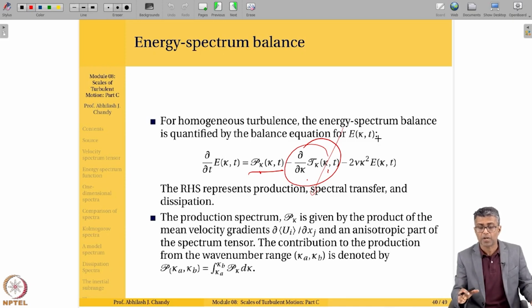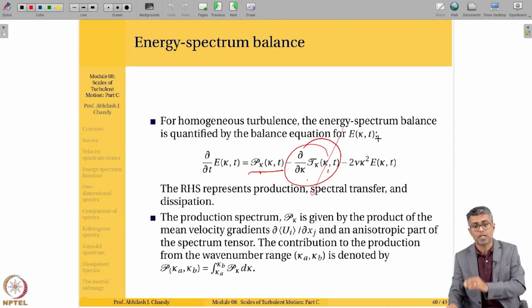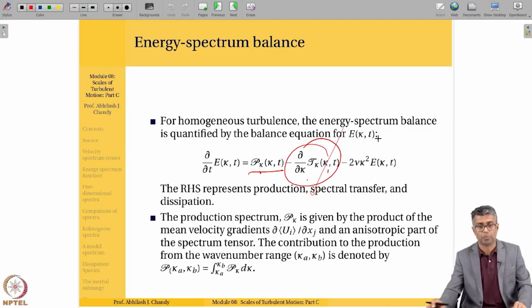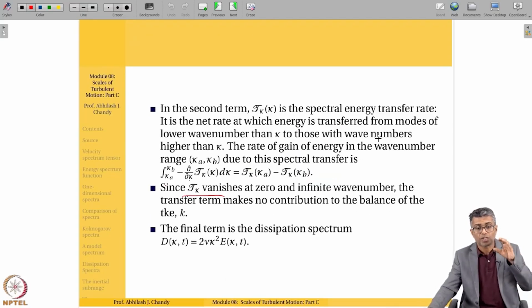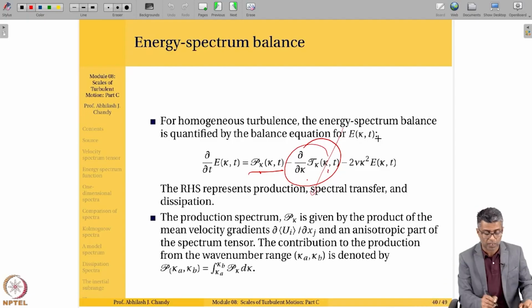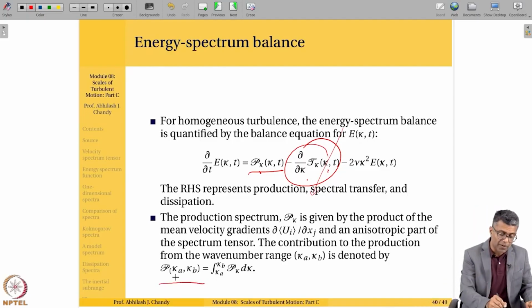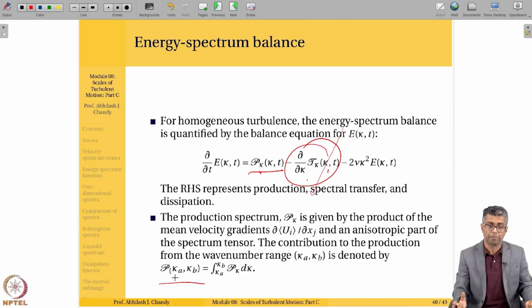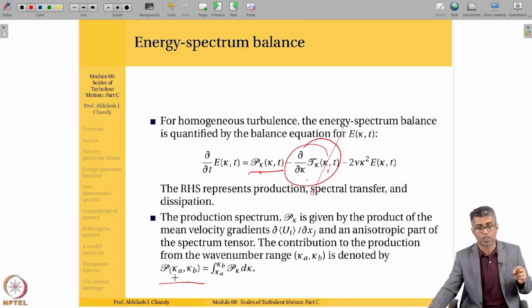And your dissipation is a term that we have seen before, 2 nu kappa squared E of kappa. That is your dissipation. Now the production term is pretty clear. It has to do with the contribution to the production at the wave numbers kappa A to kappa B, isn't it?